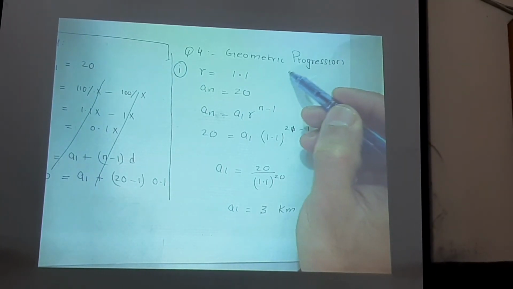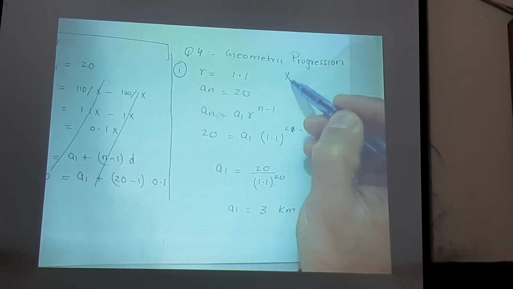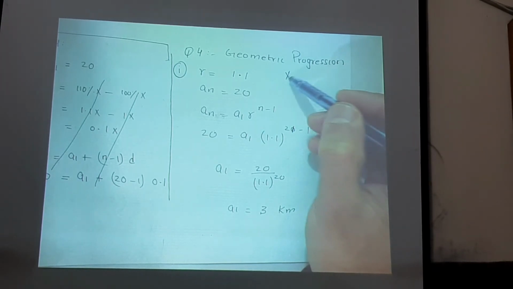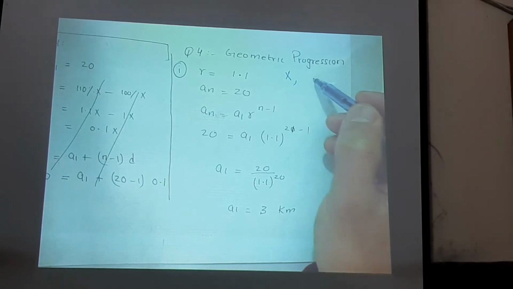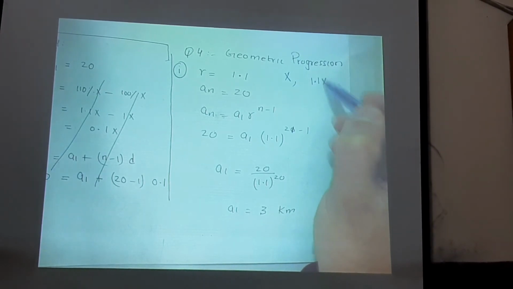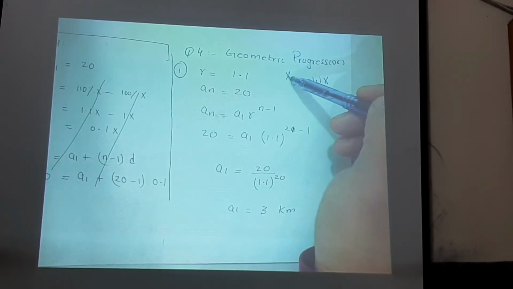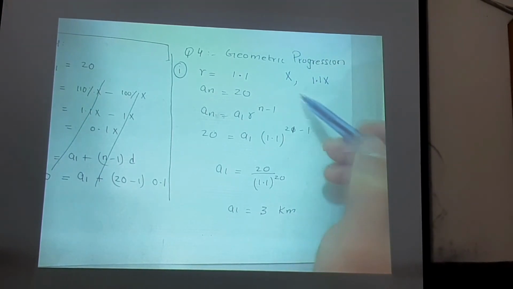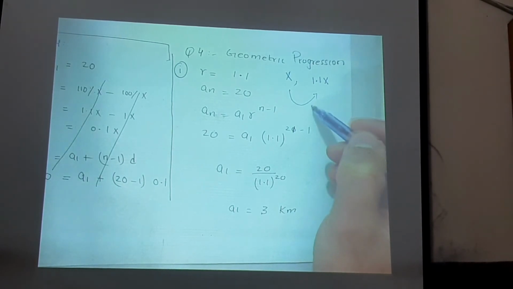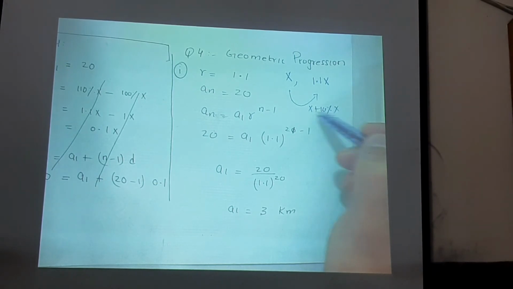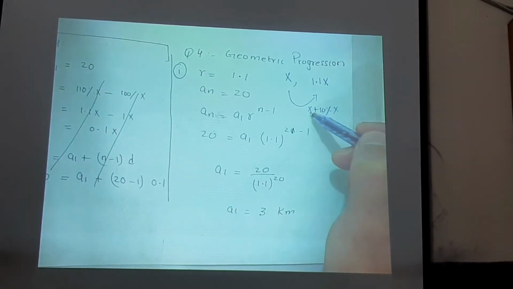Basically, if on day 1 she is running x kilometers, then on day 2 she is going to run 10% more than this, which means she will run 1.1x. How is that possible? If you increase x by 10%, then you add 10% of x to x, as given in the question.